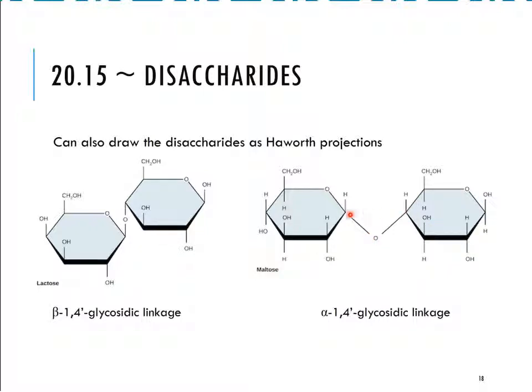And yes, it's kind of weird angles, but it is representing that it's pointing down and is going to and from the correct carbons. Here is a beta 1,4 in Haworth projection. So there's carbon 1, carbon 4, and then the bond going from carbon number 1 is pointing up. So it is the beta version.